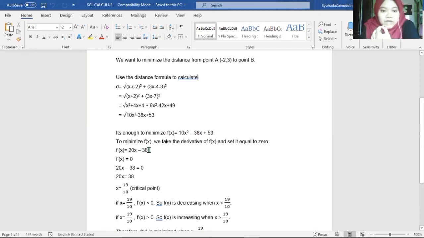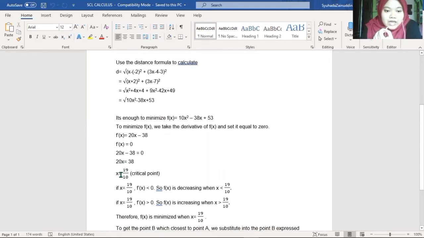To minimize the function, we take the derivative of the function and set it equal to 0. So when we differentiate the function here, we get 20x minus 38. When we set it equal to 0, we get x equal to 19 over 10 as a critical point.